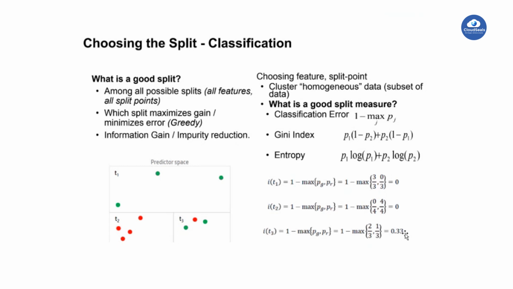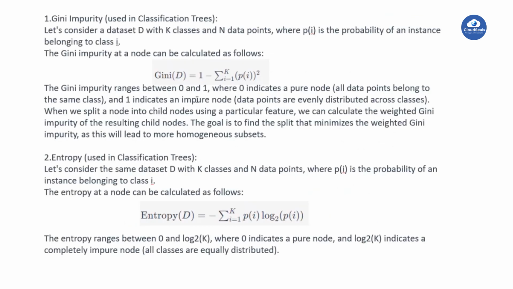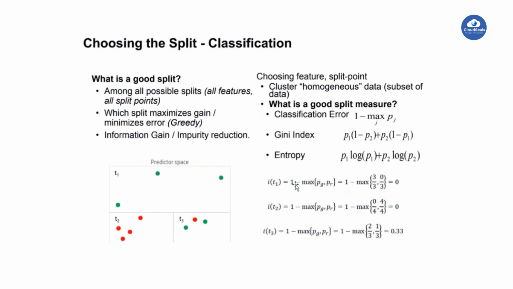Guys, I think now you have a good explanation of what I said about the Gini index. Why am I saying 0 is the pure node and 1 is the impure node? Because this is classification. If all the data points are predicted correctly, what will we get?